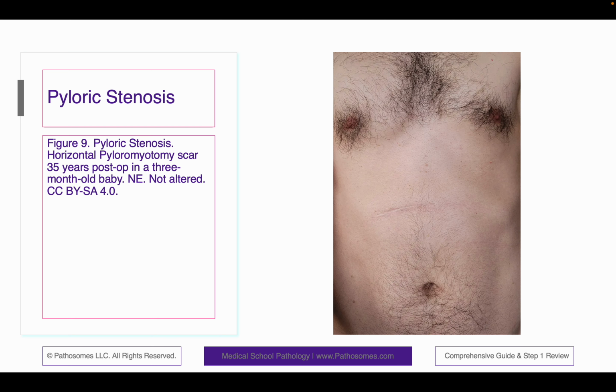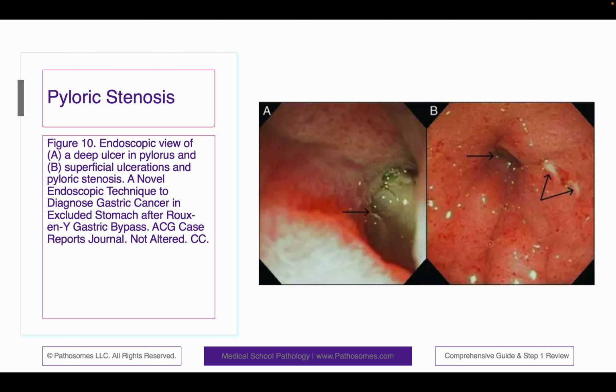And as you can see, these patients go on to live long, fruitful lives. In regards to pyloric stenosis, endoscopy can show us a few things. For example, they might see other lesions or can clue us in on how small the lumen is, right? But here in this image, we can see those very small lesions.